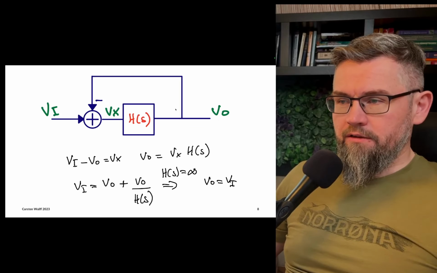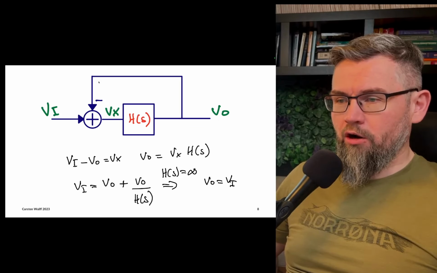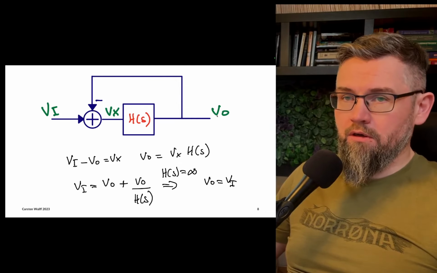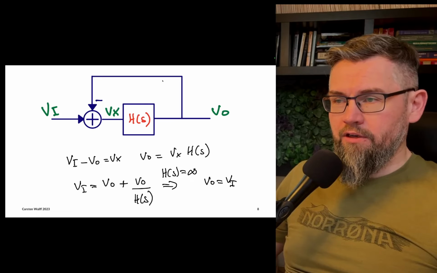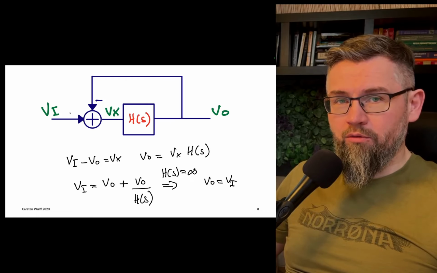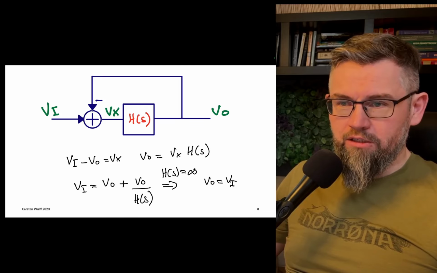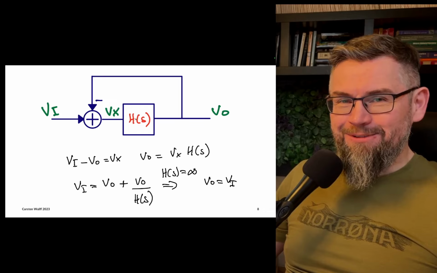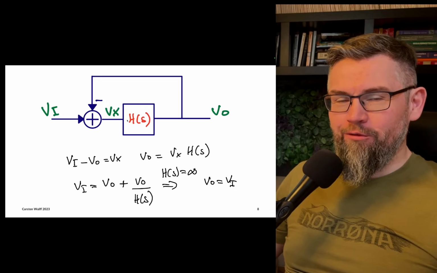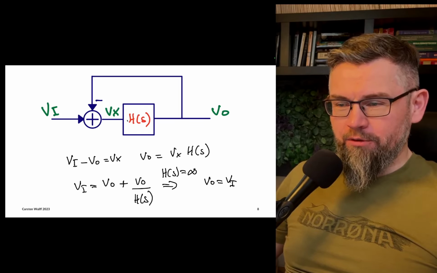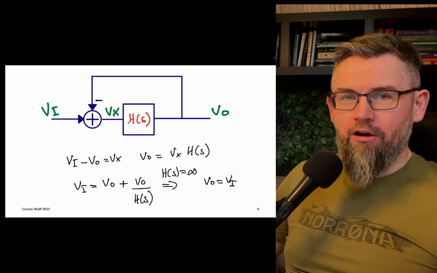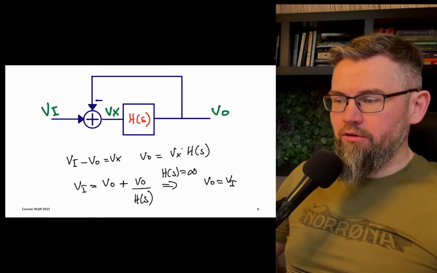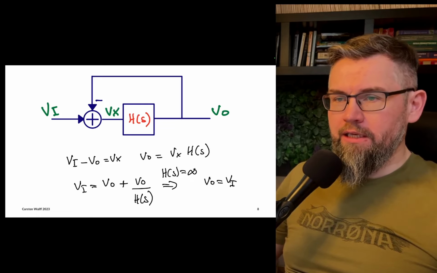And as long as I feed a model of that output back in the same domain, so if the output here was frequency, and I feed it back, and I am comparing to a low frequency, for example, then I need to compare it to the same frequency. And I add some sort of loop filter, some filter with gain. It's possible to prove that as long as you have enough gain, infinite gain, in this H of S, then you can force the output to be equal to the input.